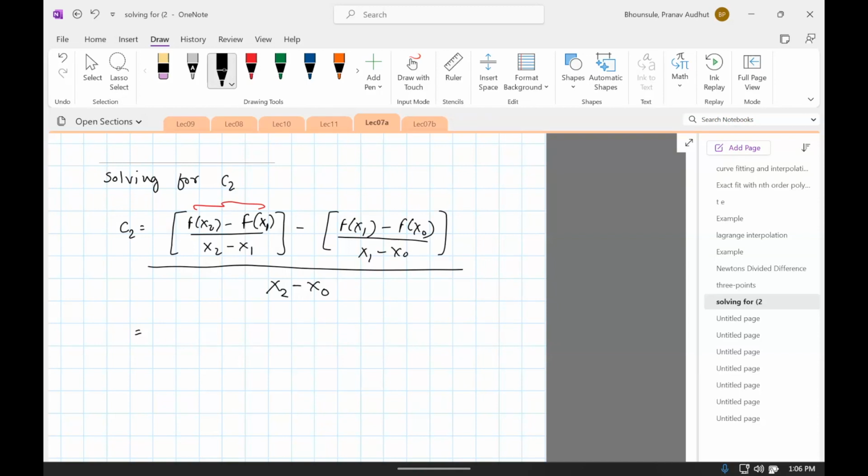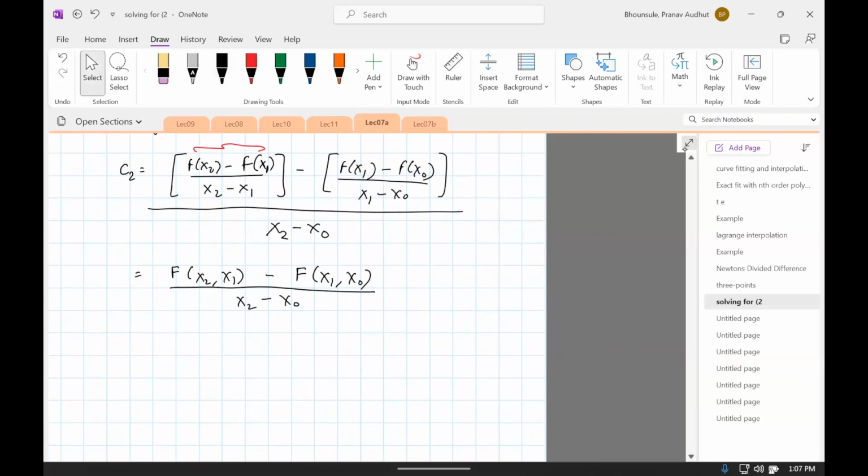We'll denote that as, let's say, capital F x2 comma x1 minus capital F x1 comma x0, divided by x2 minus x0.